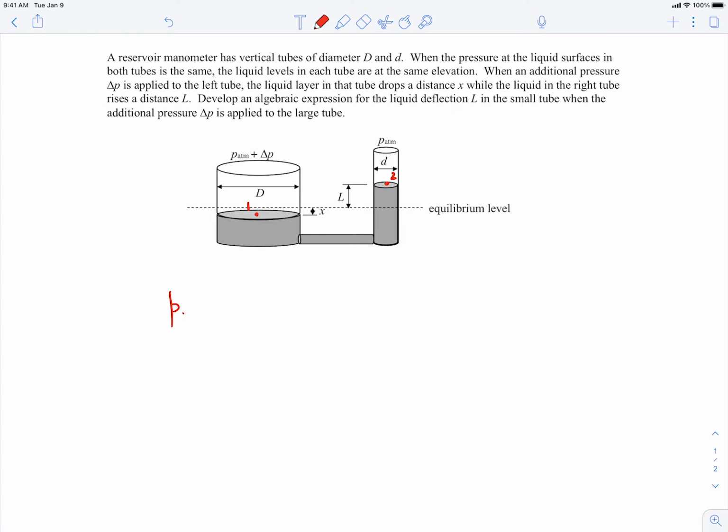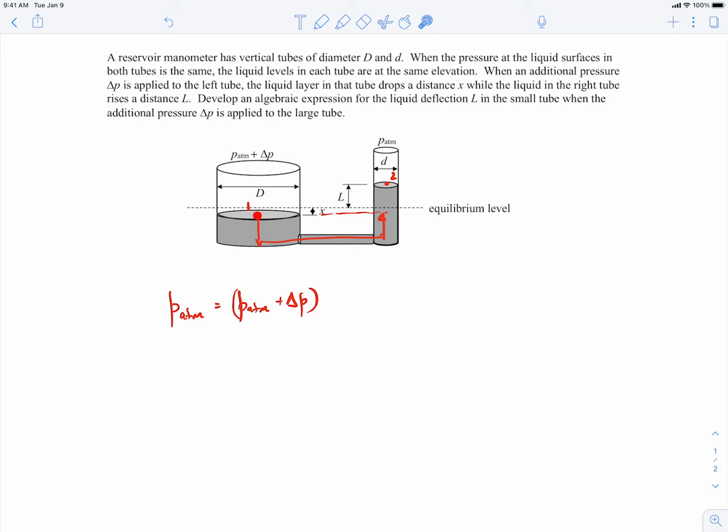So the pressure at 2 will be P atmosphere, and starting at 1 we'll have P atmosphere plus delta P. Then we're going to move down this distance, all the way to the bottom here, and then go horizontally, and then come back up to this point. By doing that, we're adding in the weight of the fluid here, but then we're going to subtract it back out so that we'll have no net change in pressure. So the pressure right here at that location is still P atmosphere plus delta P.